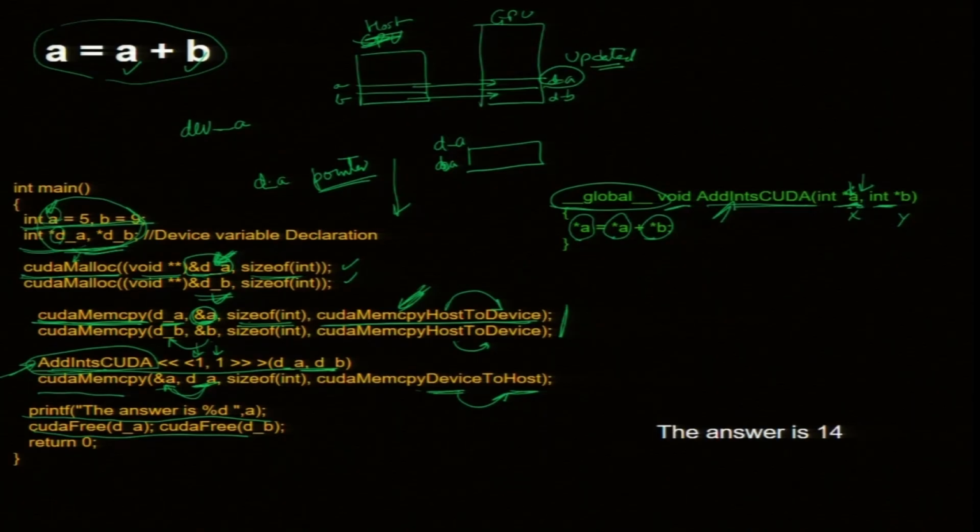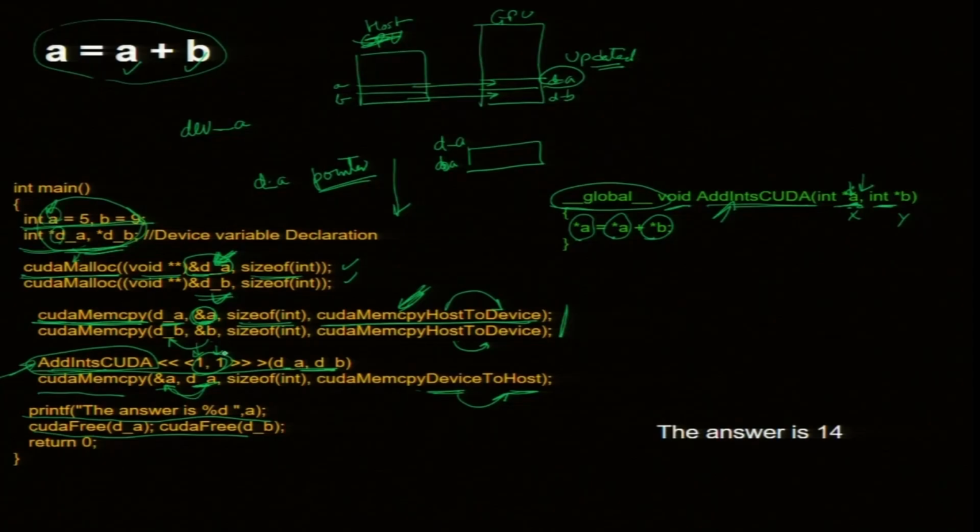Every time we call the global function, we will have to provide the thread ID and pass the arguments, and the arguments will be addresses inside the GPU. I am coming to that. This 1 comma 1 I have not discussed yet, we will do it soon.